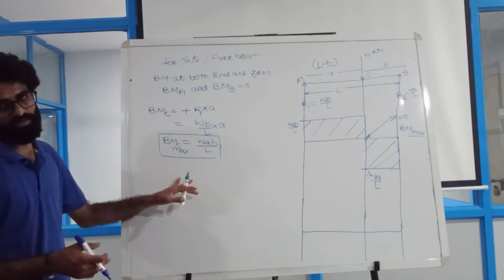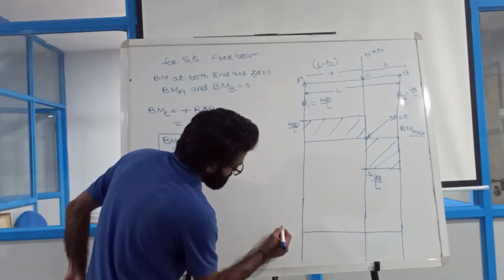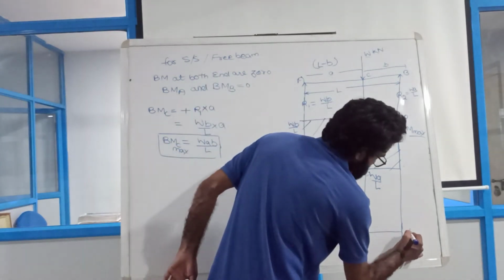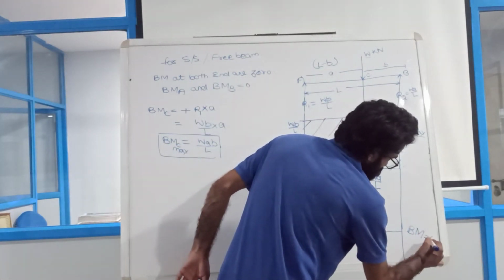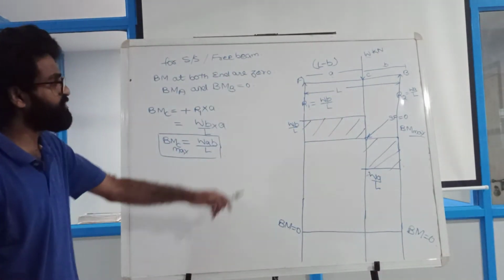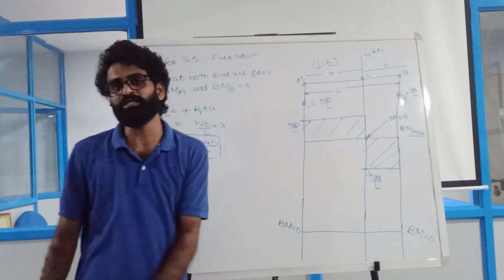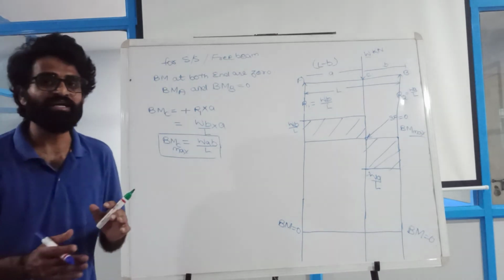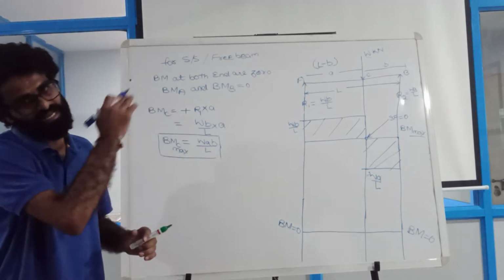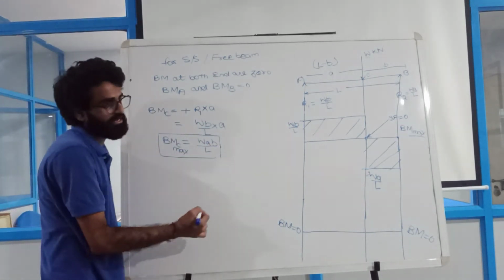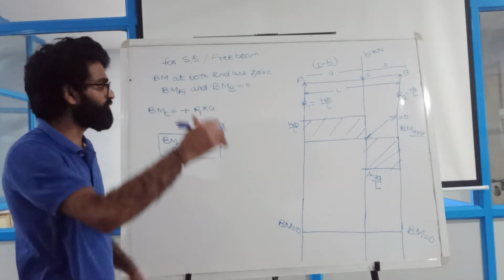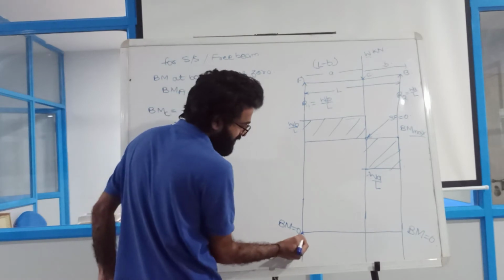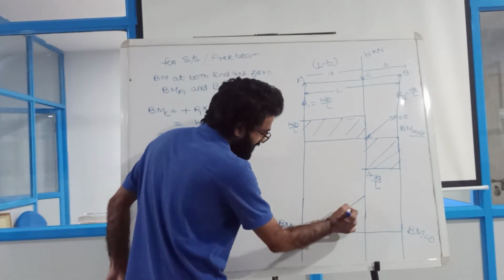We are going to calculate. At point A my bending moment came 0, and at point B also my bending moment came 0. You all know that from one point to another, if there is no load, then the bending moment diagram is a linear inclined line. In the shear force diagram it is a straight constant line, but in the case of bending moment it is a linear inclined line.